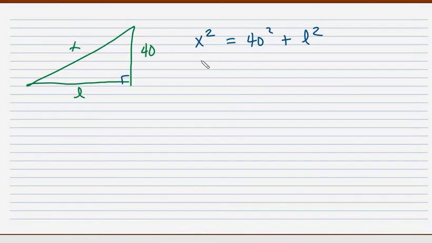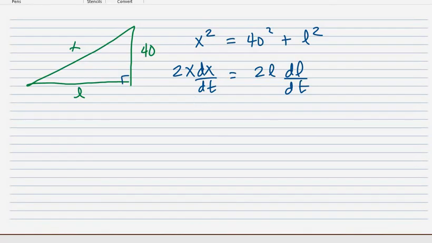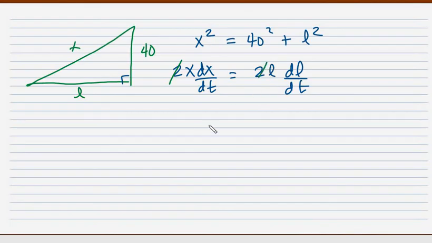If we get the derivative with respect to time again, we have 2x times the derivative of x with respect to t, and this one is a constant, so that is 0, is equal to 2L times the derivative of L with respect to t. Now, the 2 would cancel out, and the derivative of x with respect to t would be L over x multiplied by the derivative of L with respect to t.